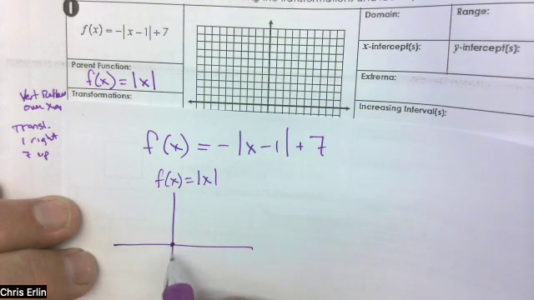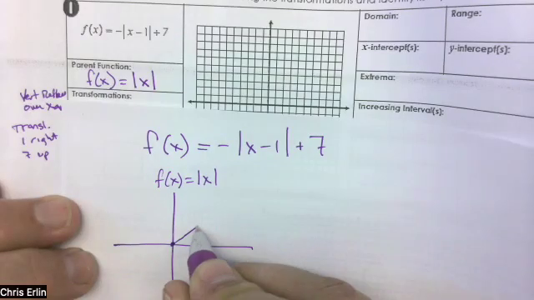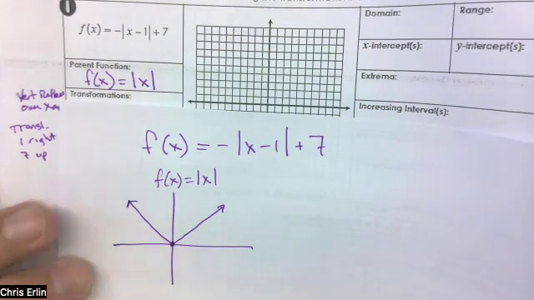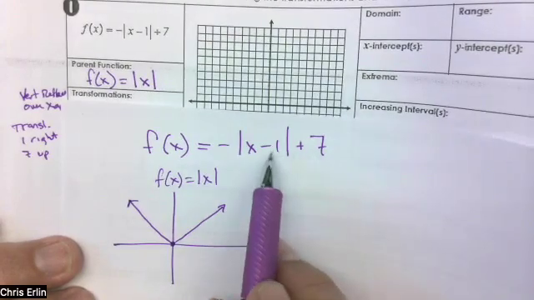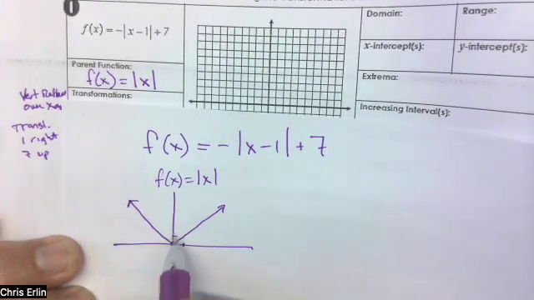Absolute value of x starts at 0, 0, goes over 1, up 1, over 1, up 1. It's got a slope of 1 going this way, a slope of -1 going this way. And then we're going to have this translation. The vertex is going to be 1 unit to the right and 7 units up.